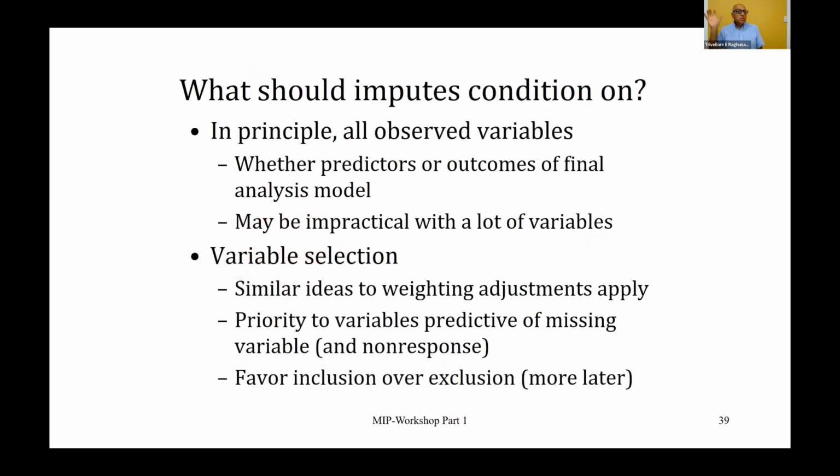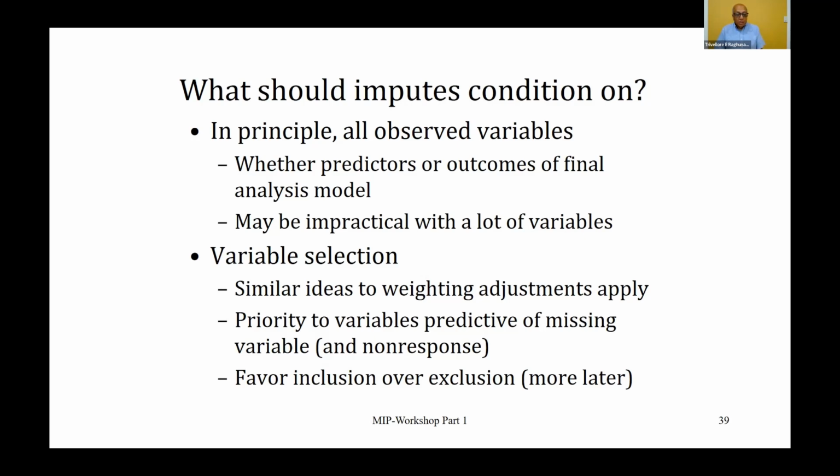So what should imputation condition on? In principle, all observed values, whether it's a predictor or outcomes of the final analysis model. It may be impractical for a lot of variables. That's why you may want to do some sort of variable selection, because you apply similar ideas. For example, when you do weighting, you want to focus on the variables that are correlated with both response and non-response, as well as the survey variables of interest.